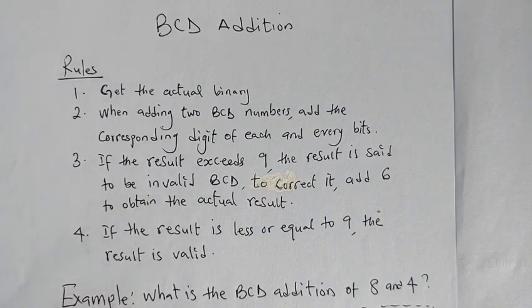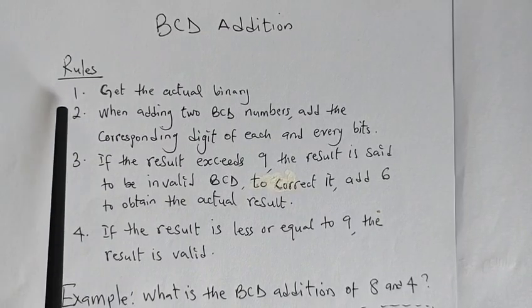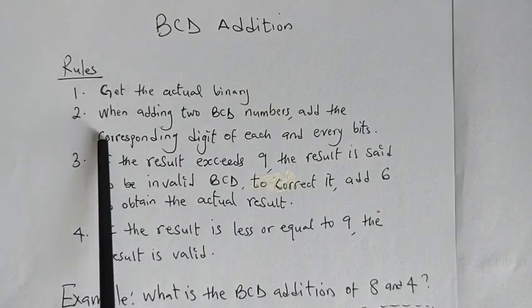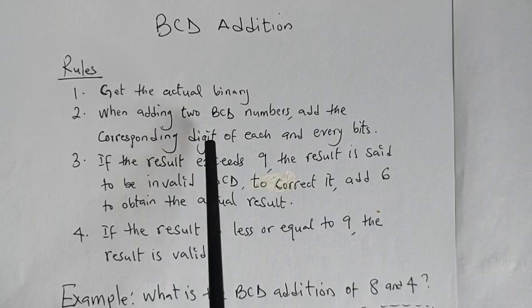Alright, so in today's video we're going to begin with the rules on how we can solve a question in binary coded decimal. Let's start with the first rules. 1. Get the actual binary. 2. When adding two BCD numbers, add corresponding digits.